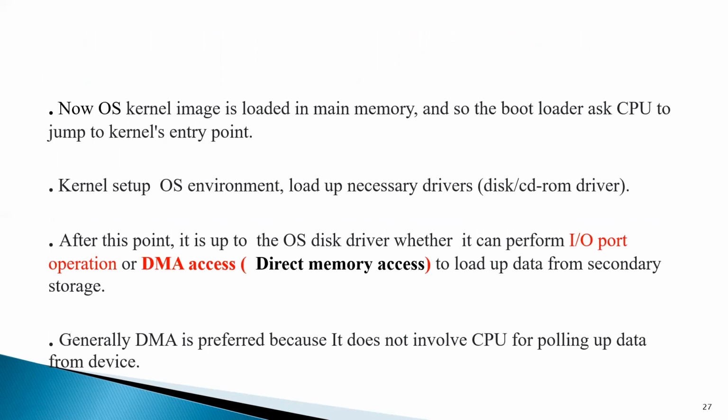The kernel sets up the OS environment and loads necessary drivers like the disk driver and CD-ROM driver. After this point, it is up to the OS disk driver whether it performs input-output port operation or DMA operation to load data from the secondary storage. Generally, DMA is preferred because it does not involve the CPU for pulling data from the devices.